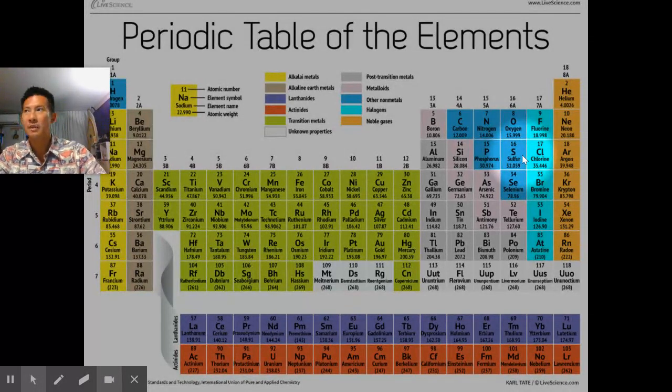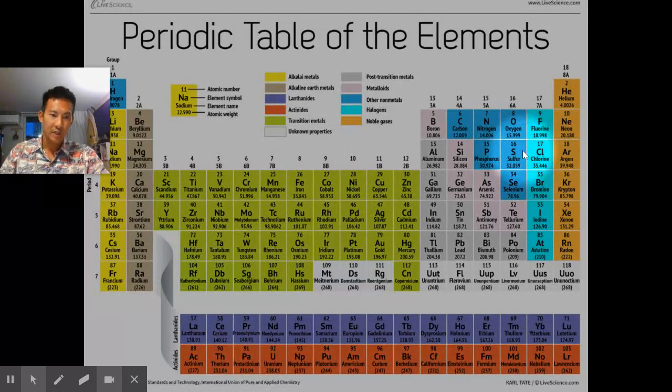So because of a similar amount of charges on the last electron level, some elements may possess similar but different properties. And that's how we have grouped the periodic table of elements.